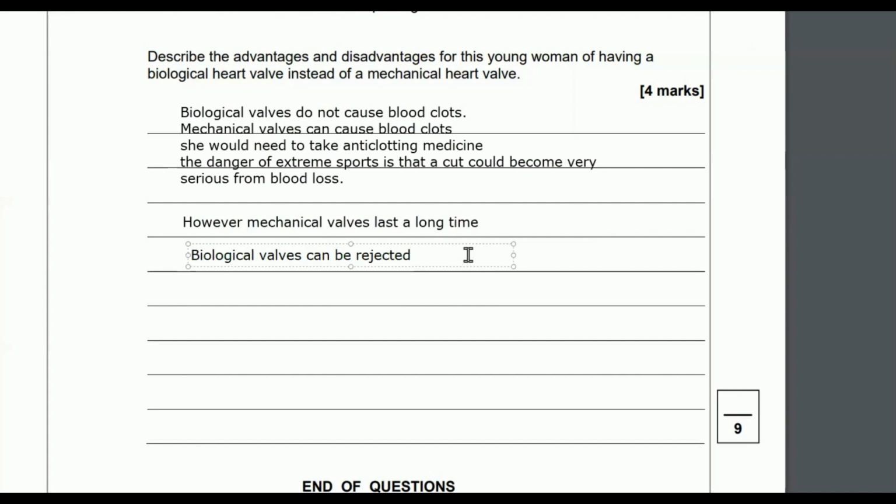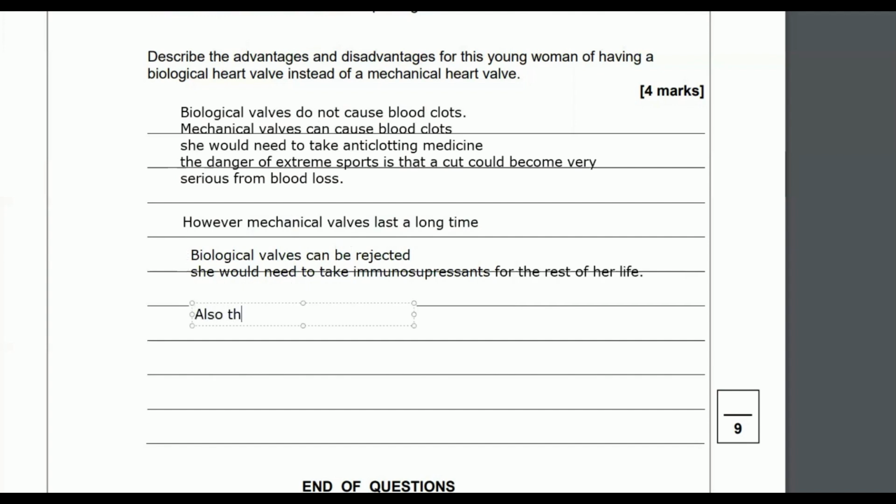Antigens and your white blood cells think they're foreign and attack them and destroy the new organ that's supposed to save your life. So biological valves can be rejected. She would need to take immunosuppressants for the rest of her life, which makes her more susceptible to getting colds, flus, COVID, that type of thing. So that's a downside to that as well.